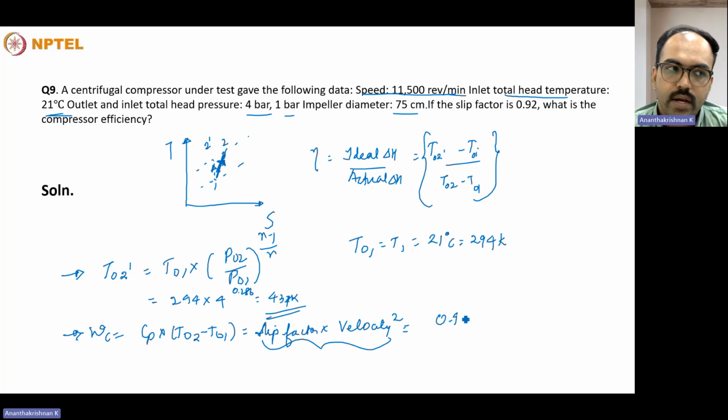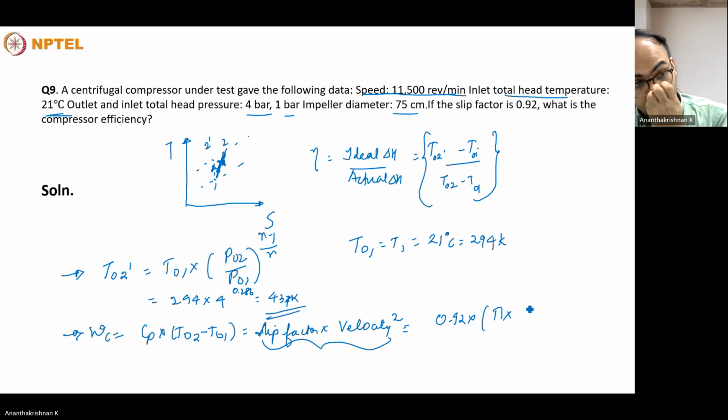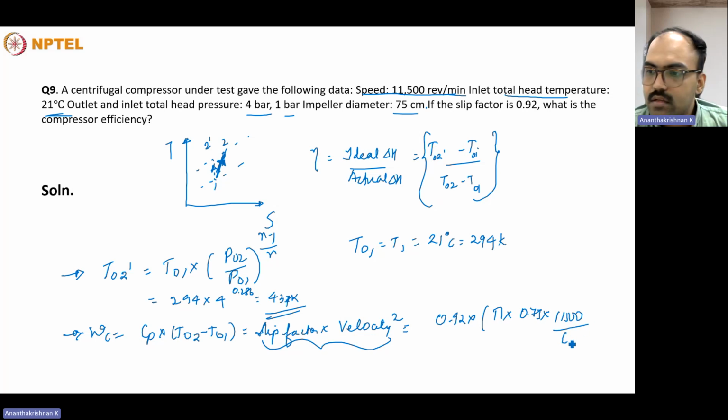So this could be 0.92 into pi into diameter 0.75 into 11,500 divided by 60, the whole squared. That will be equal to 187.63 kilojoule per kilogram.